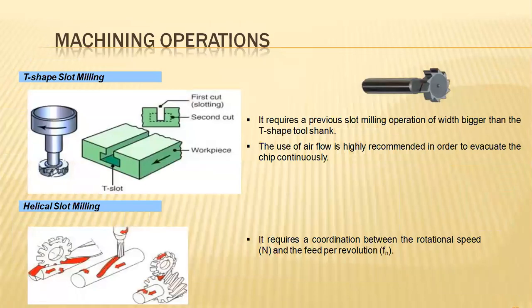Mixing operations between T-slot milling and helical slot milling. T-slot milling, in the sense, particularly has over the workpiece an initial slot, and up to a particular length there will be conformity, and the rest of the part will be held with respect to different diameters, attached with respect to the end of the shank.